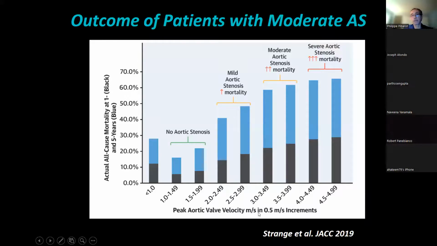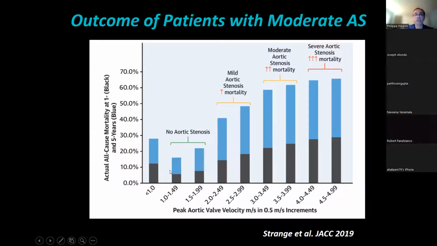These are the results of this very large study from the National Echo Database from Australia, the NEDA registry, that's all comers with moderate AS, mild AS, severe AS, regardless of the LV ejection fraction. And what you see in the bar in black is the mortality at 1 year and blue at 5 years.